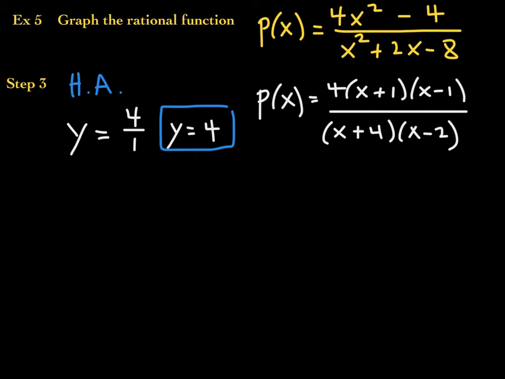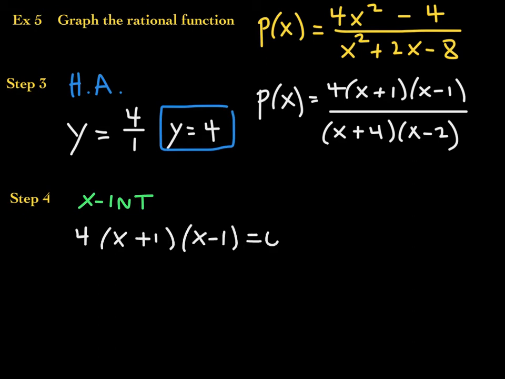All right, let's go to step 4, which is find the intercepts. In order to find the x-intercepts, take your numerator and set it equal to 0. It'll be easier if you take the factored form of your numerator and set it equal to 0. I'll take every variable factor and set it equal to 0 and solve so that you can see we disregard the constant factor 4, right?